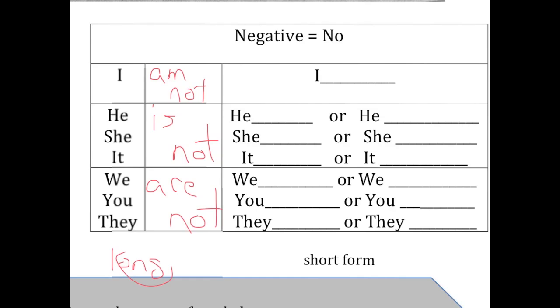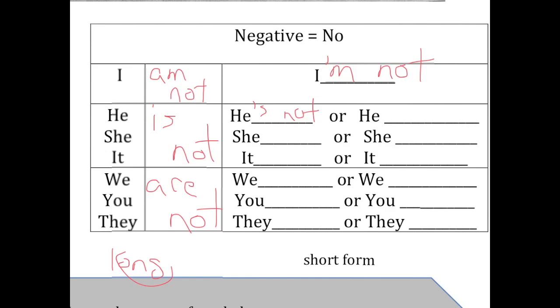For that, here we go. You remember the short form for positive, that's I'm. So guess what the short form is for negative? I'm not. Let's apply that down here for the next section. He is not becomes he's not.